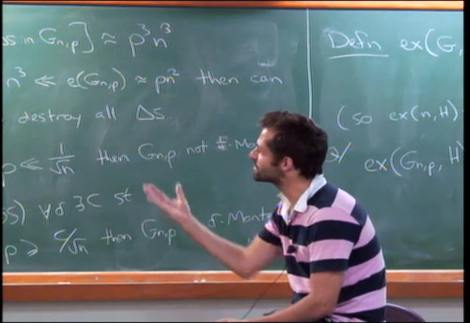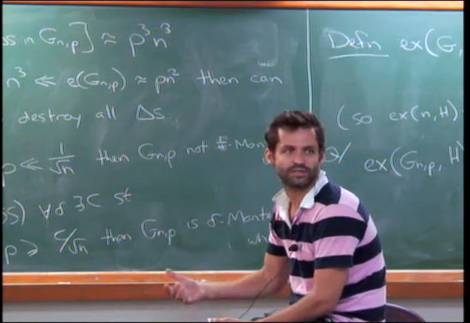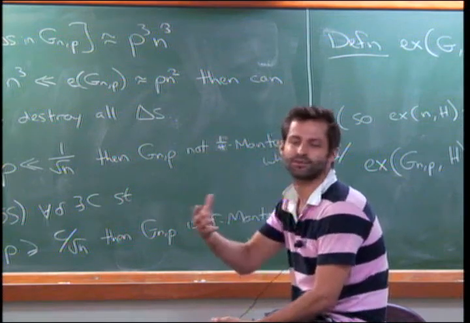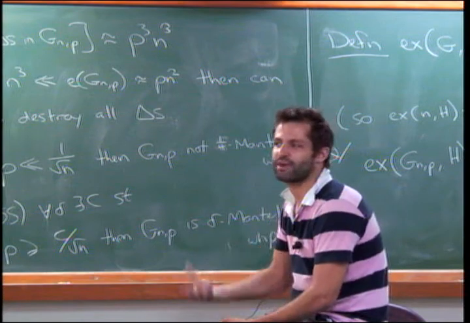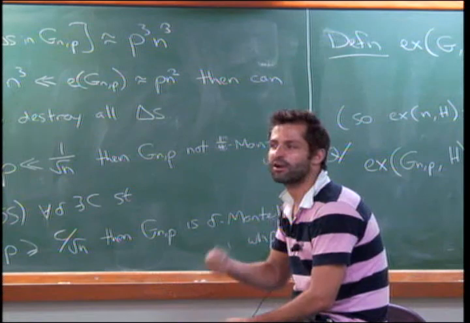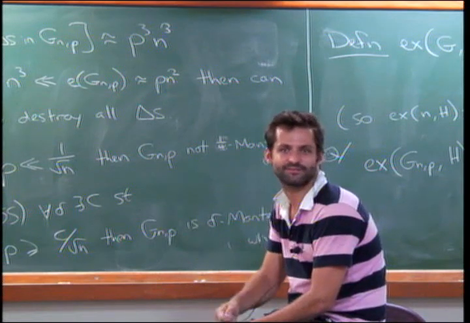And one of the big problems in proving these kinds of things is that the regularity lemma doesn't hold in the sparse case. So I lie a little, you can prove a version of the regularity lemma in the sparse case very easily, but you can't use the embedding lemma. The embedding lemma doesn't work.